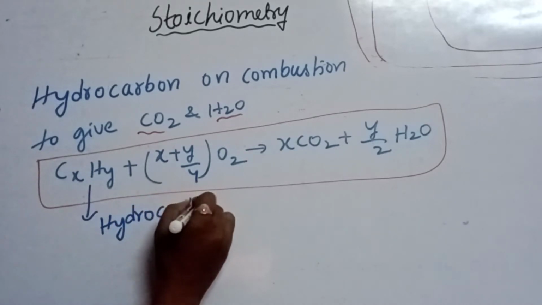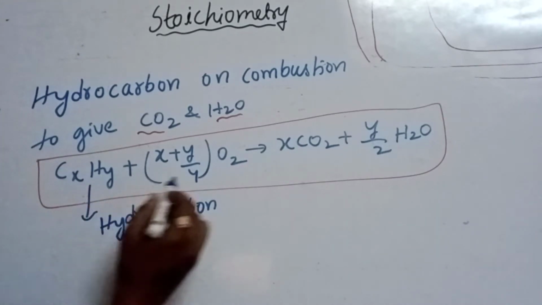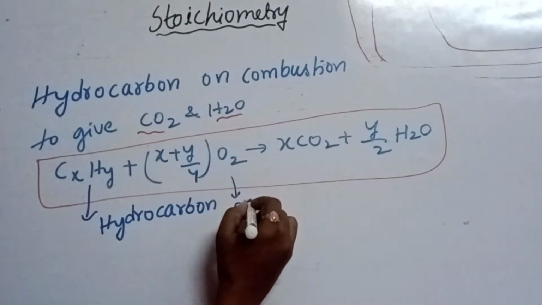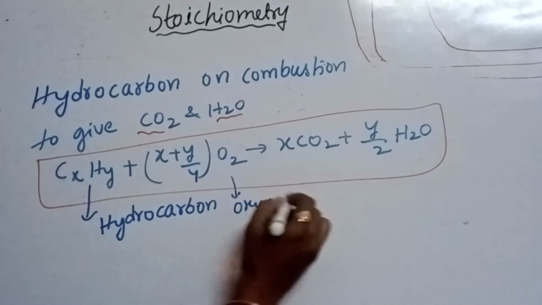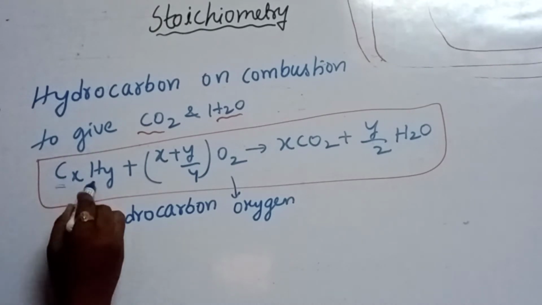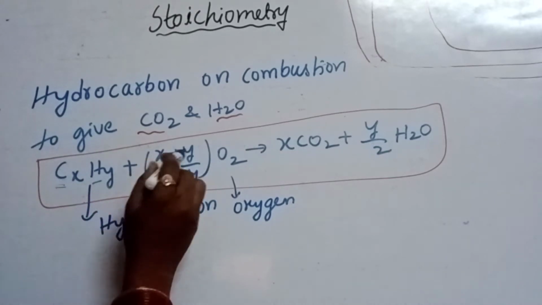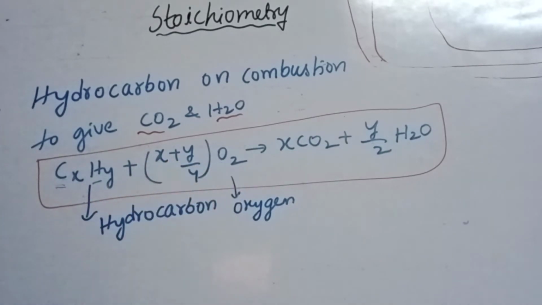Combustion means burning of any substance in the presence of air or oxygen. This is the hydrocarbon, and this is oxygen. Here CxHy means it contains only carbon and hydrogen elements only. So it reacts with x plus y by 4 moles of oxygen.